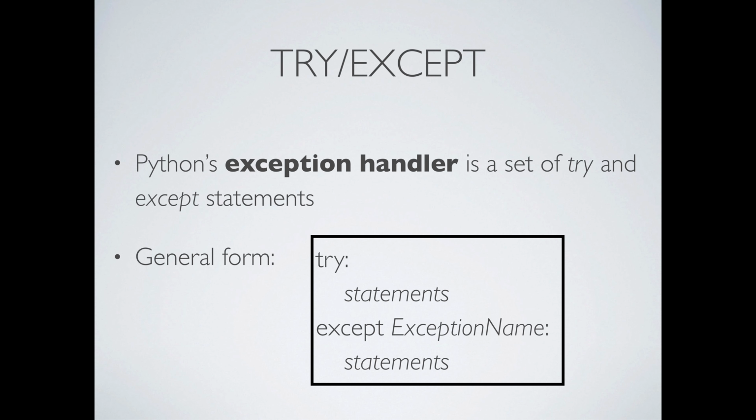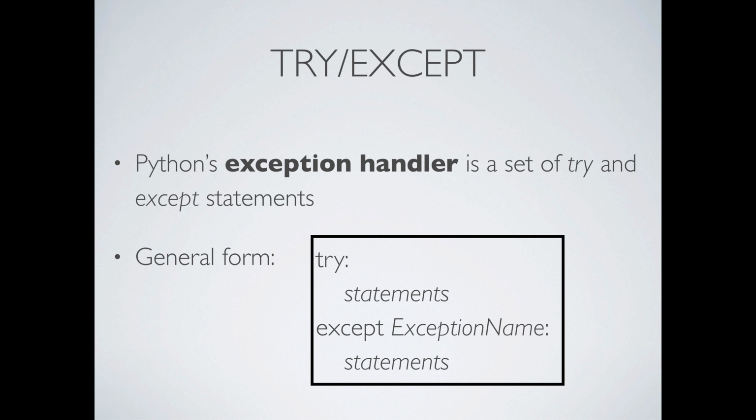So this is what we call an exception handler. It's a chunk of code whose purpose is to deal with these exceptions that we can't fix with a simple if-else. The way this exception handler works is we use try and except. These are two Python keywords.